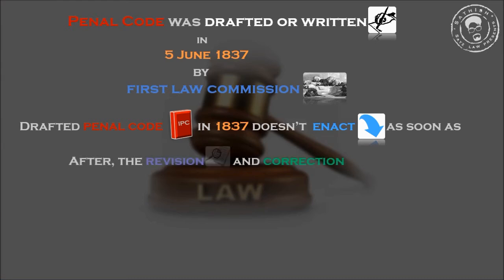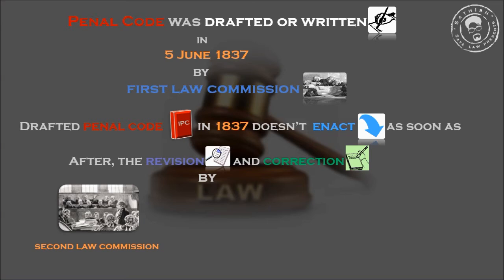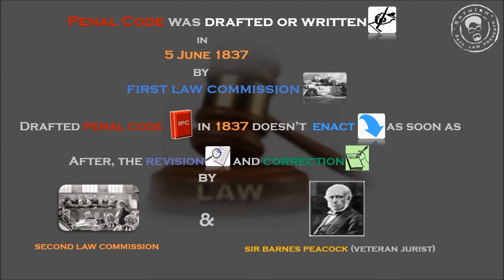After revision and correction by the Second Law Commission in 1853 and deep revision by the veteran law jurist Sir Barnes Peacock, after great difficulties, the draft Penal Code was ready for enactment.